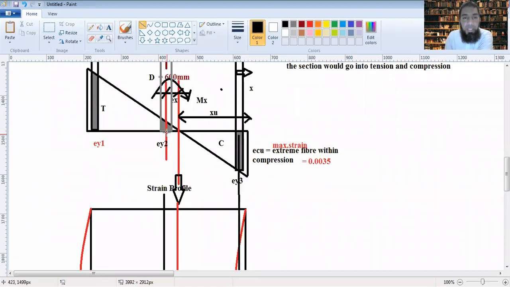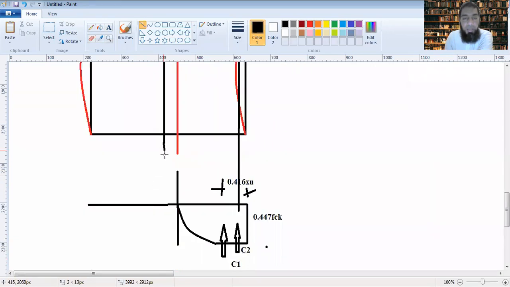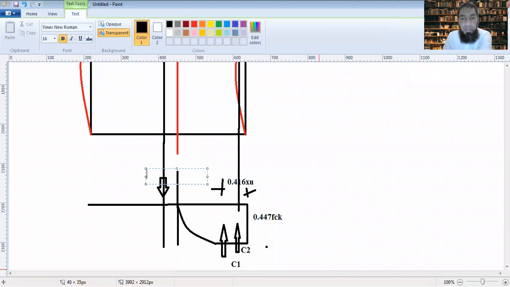Then you have the tensile forces taken by, number one, this steel bar, right through the center. It will go right through the center of this. So that would be the load taken by the steel.